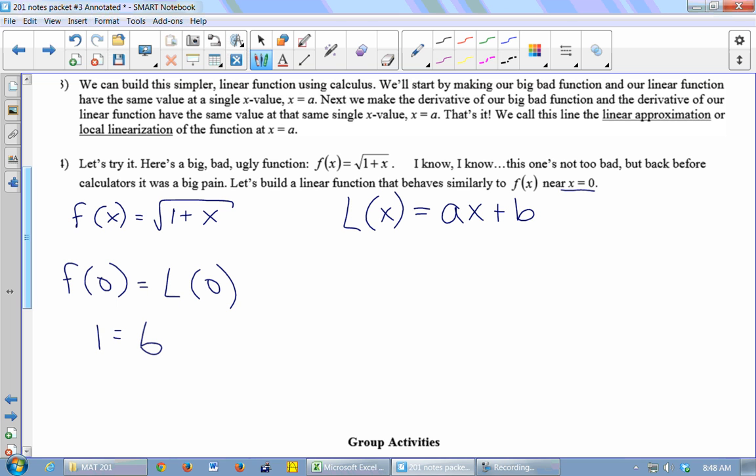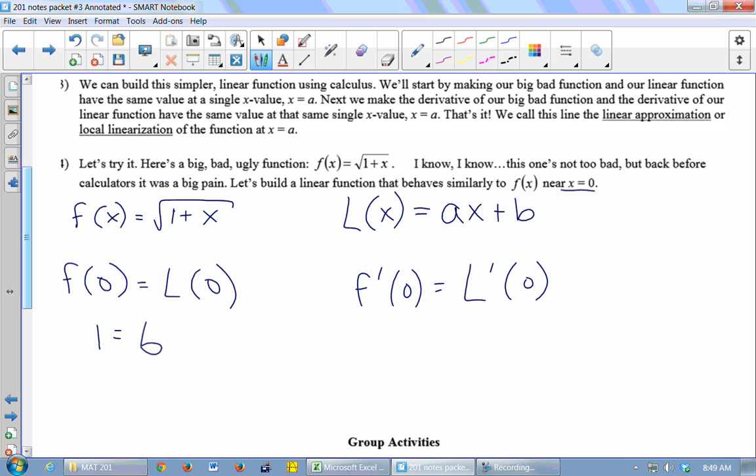B. Okay, we now know what the y-intercept of our linear approximation has to be. And then I also need to make sure that f prime of 0 equals L prime of 0. Okay, so these are my two pieces of information that I must make sure match. The function and my line have to be the same at 0, and their derivatives have to be the same at 0.